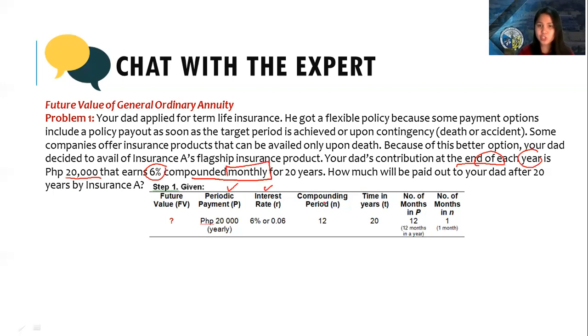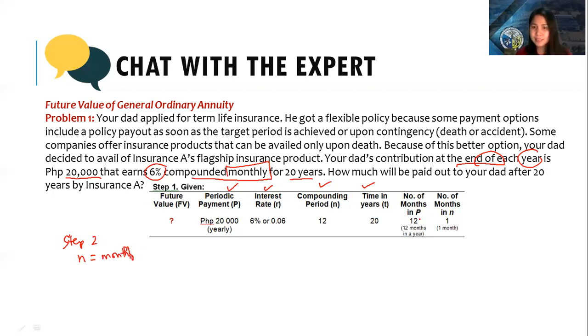So our N is 12 for 20 years. It's for 20 years. Let's go first to step number 2. The compounding period is monthly.